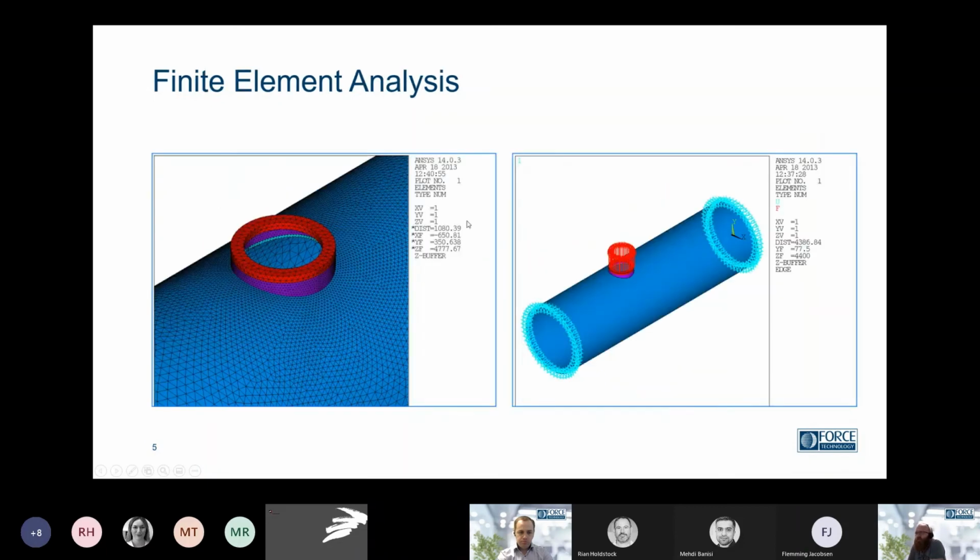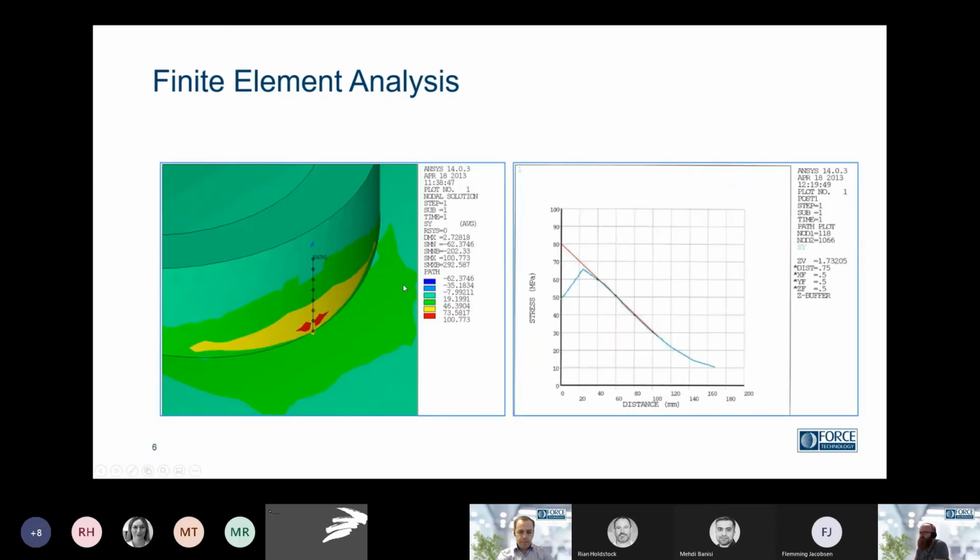For a finite element analysis, it could be a tube like this where we have stresses applied, and it's fixed in both ends. Here we show that the way we estimate the stress is, again, we try to get a path up to the point where we have the geometric change, and then we estimate the hotspot stress in this way.